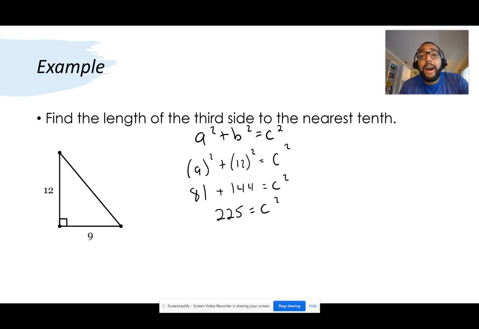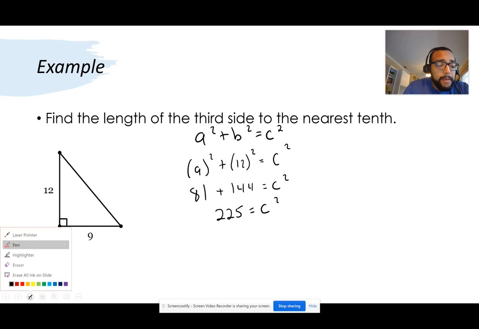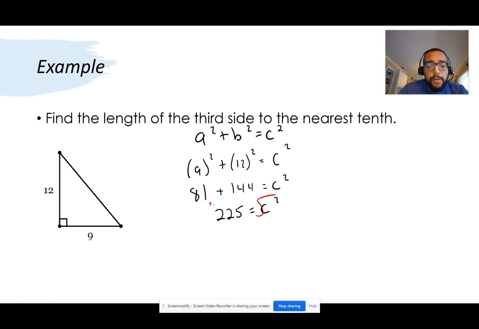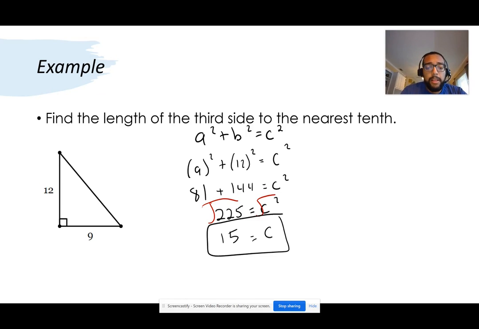I need to find the value of c, and right now I only have c squared. So to find the value of c, I want to take the square root of both sides. The square root of c squared is just c, and the square root of 225 is 15.